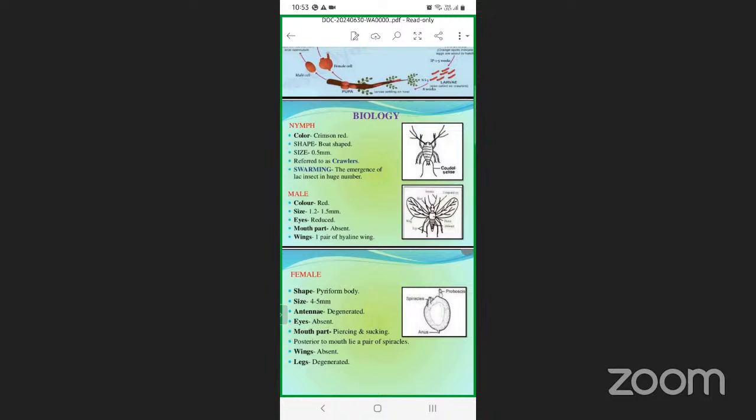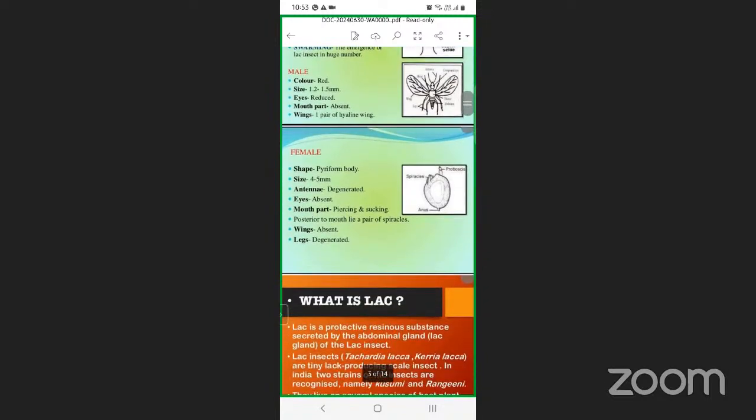Eyes are reduced and mouth parts are not present in the male, and there is one pair of hyaline wings. The female has a pyriform body of 4 to 5 millimeters, with degenerated antennae, and the eyes are absent.